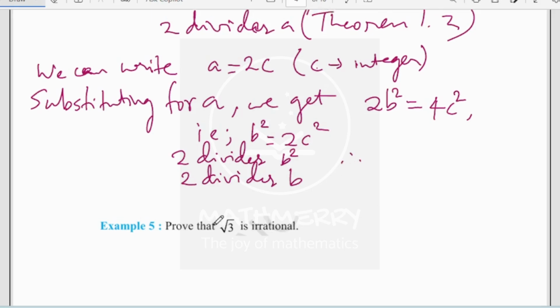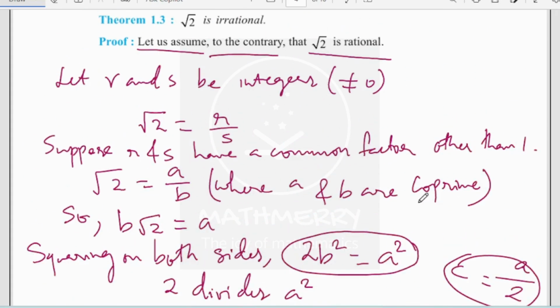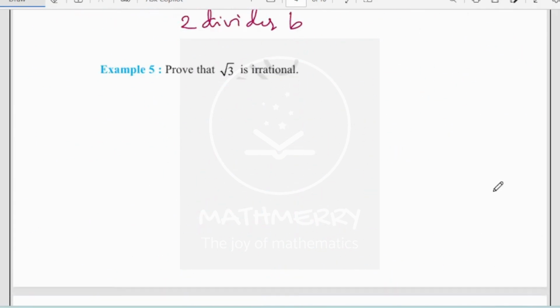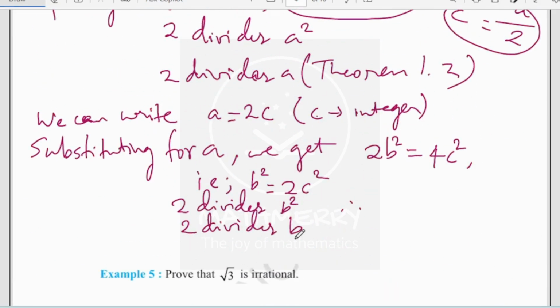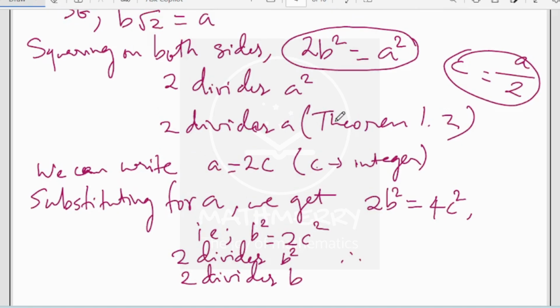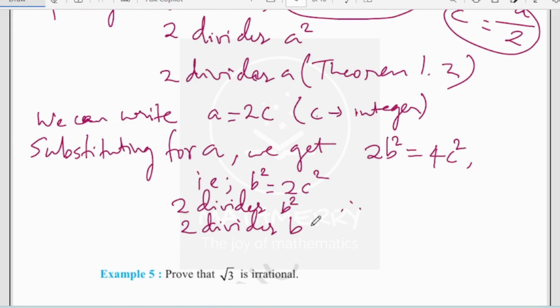But we took A and B as coprime. Coprime means they will only have one as their common factor. There will not be any other common factor. But what are we getting here? We are getting 2 divides B, and also 2 divides A. So that means A and B should have 2 as their common factor.